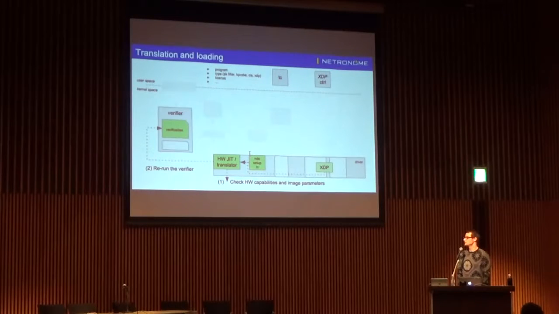So in the verifier, we added a new entry point to perform the verification. The problem that we had with the verifier is that today the standard verification in eBPF is performed together with some modifications.